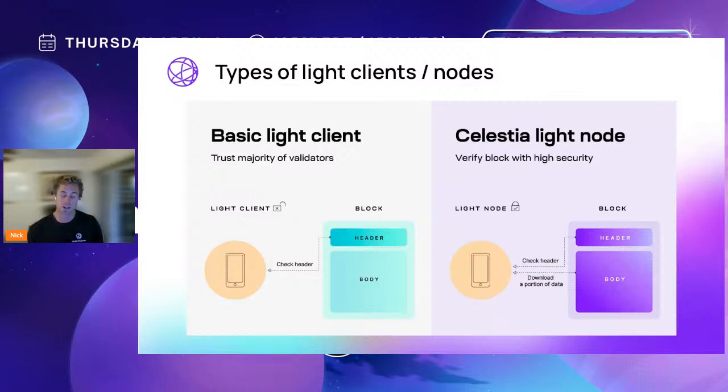You're also verifying the fraud or ZK proofs of the rollup execution layer that you care about. And that's why the phrase light node originated from this idea of a portmanteau of full node and light client. So it's like the resources of a light client with the security of a full node. So it's a light node.